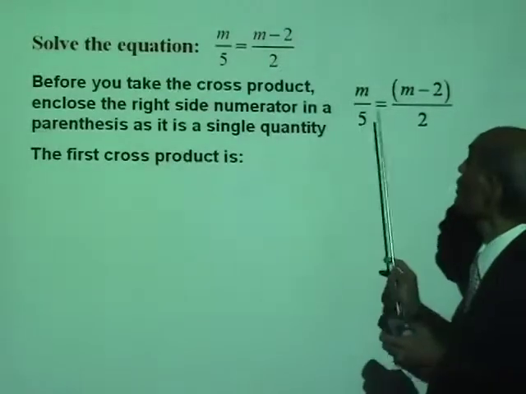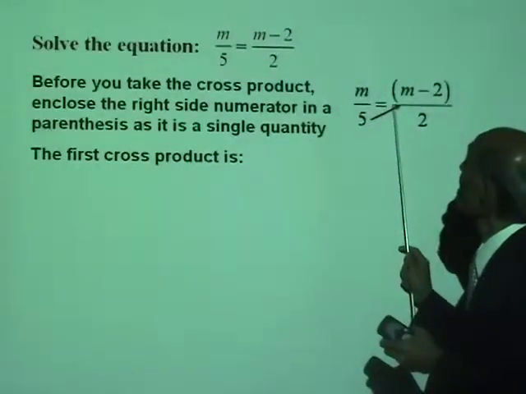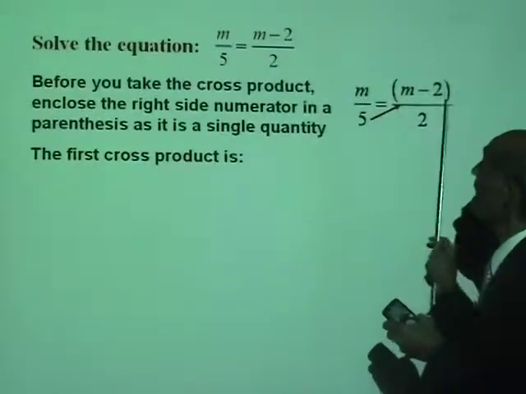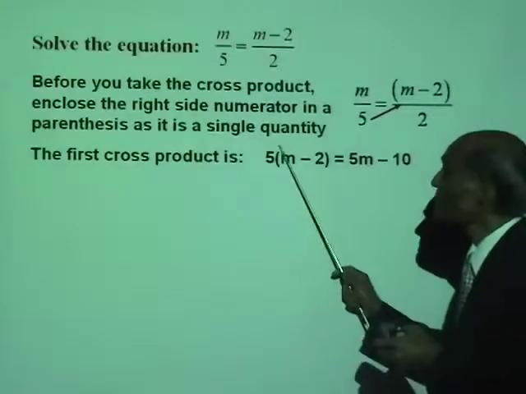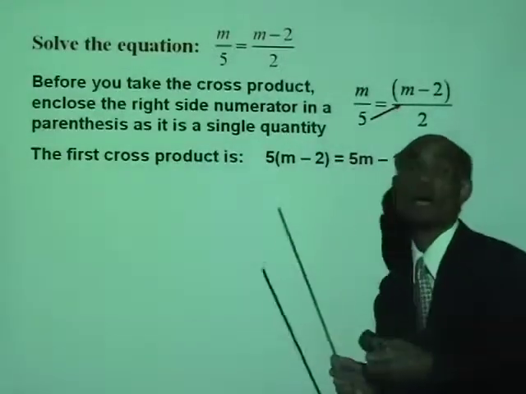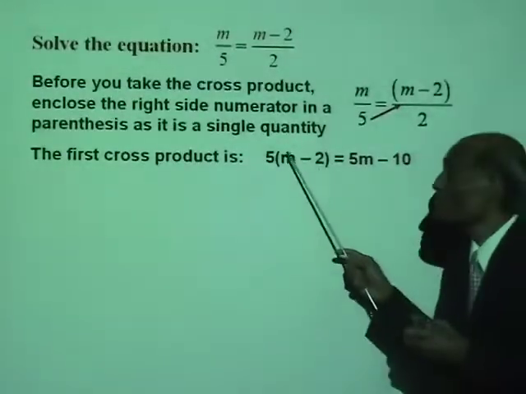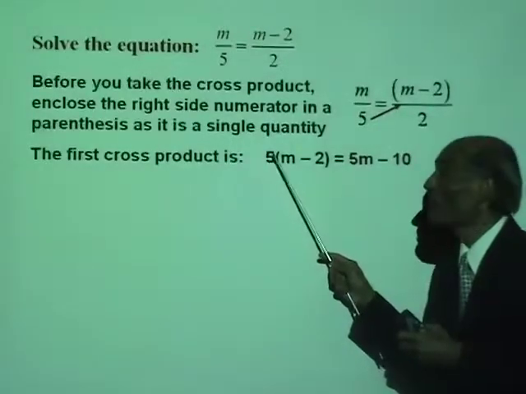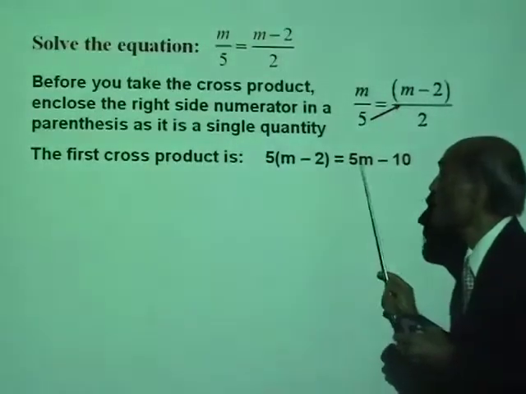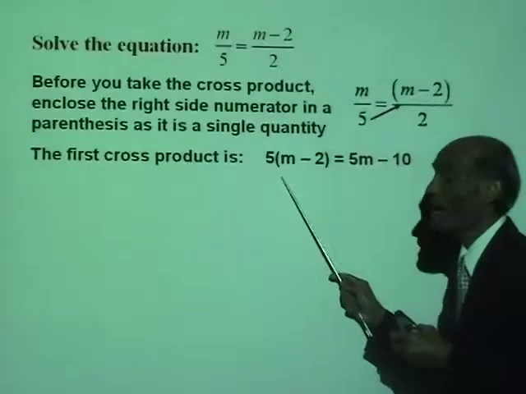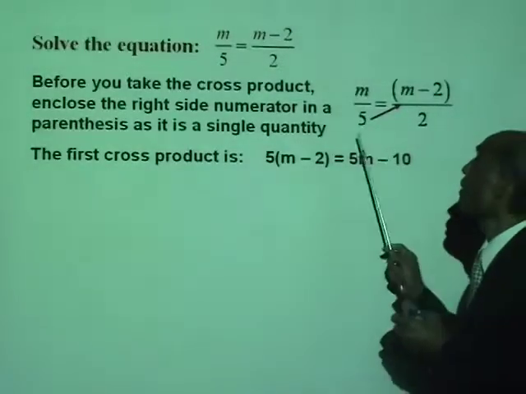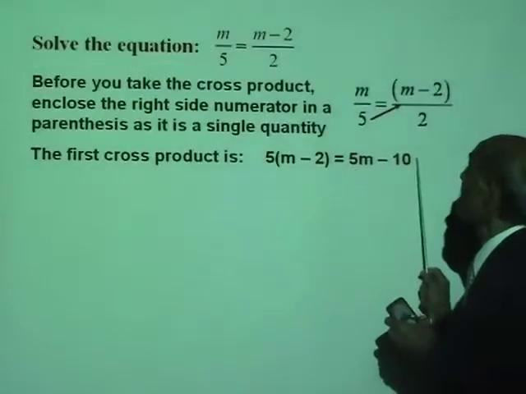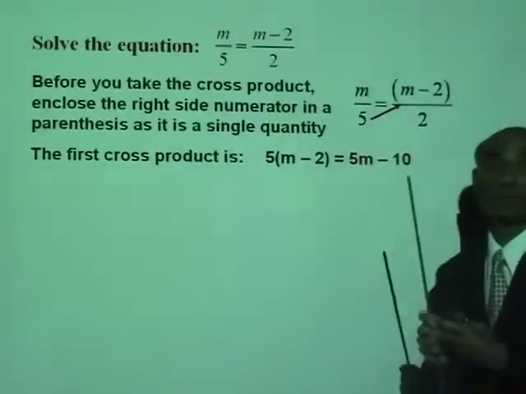What is the first cross product? 5 times the quantity m minus 2. Watch that. Very important. It is 5 times the quantity m minus 2. And distribute that immediately. 5 times m is 5m. 5 times negative 2 is negative 10. So the first cross product is 5m minus 10.